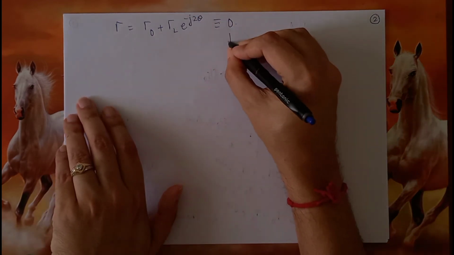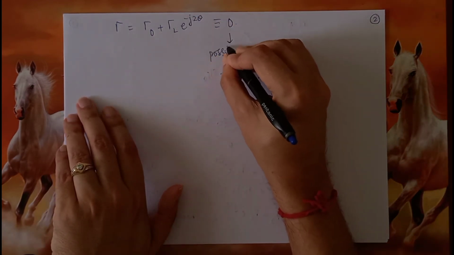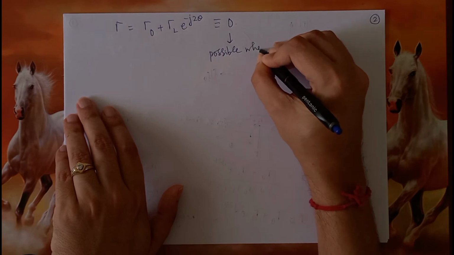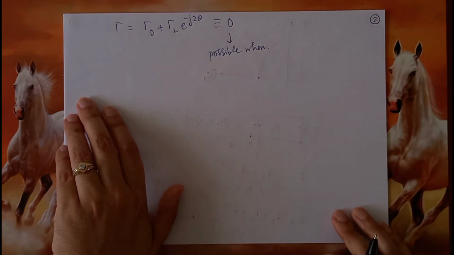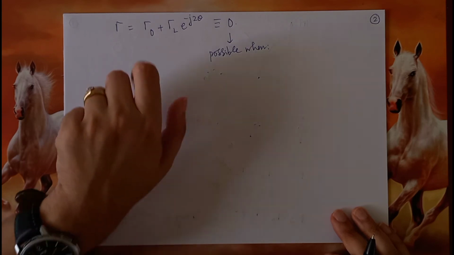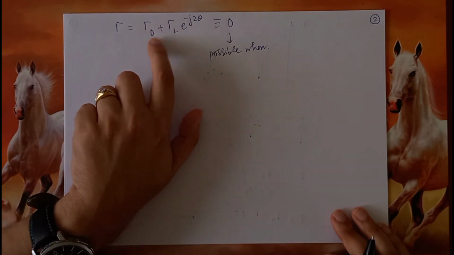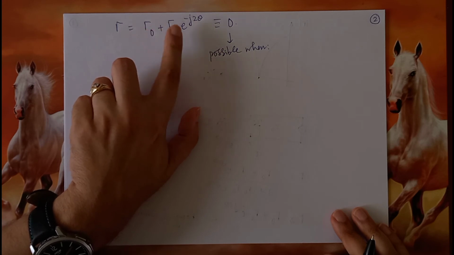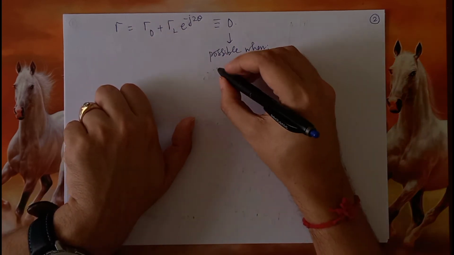This is possible when, looking at the nature of the expression, one thing that we can very easily do is to make gamma 0 and gamma L equal.